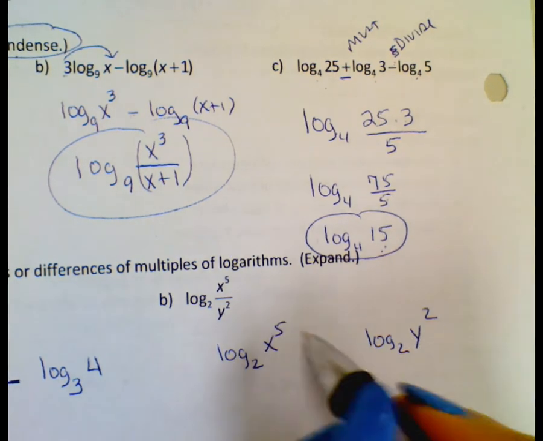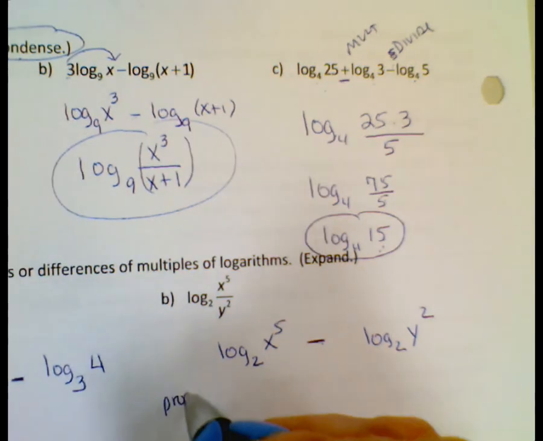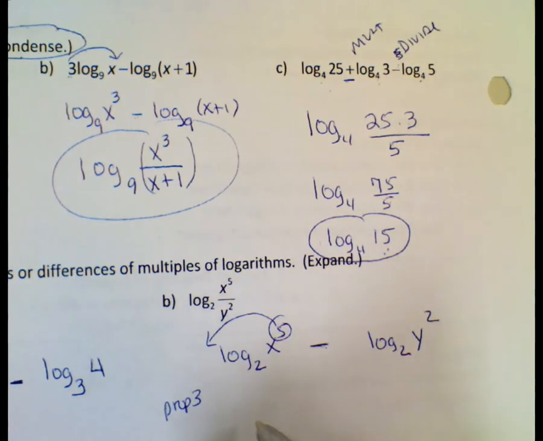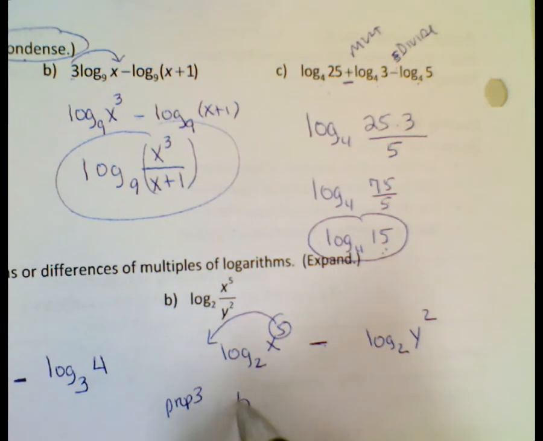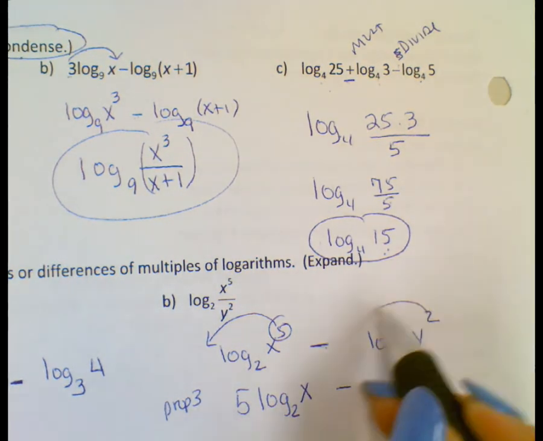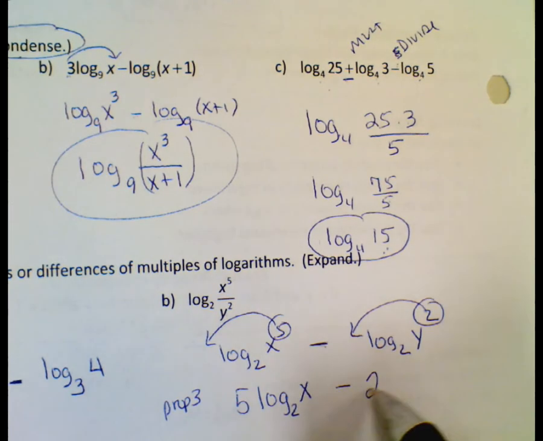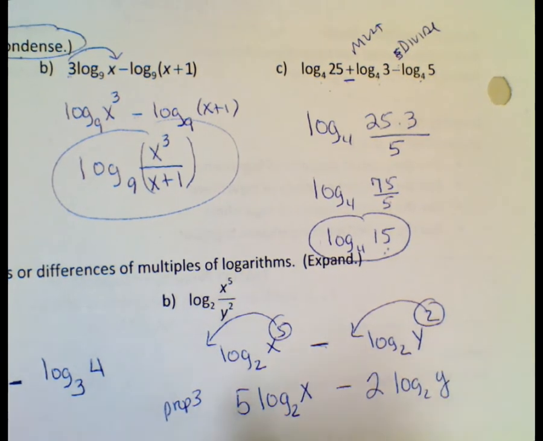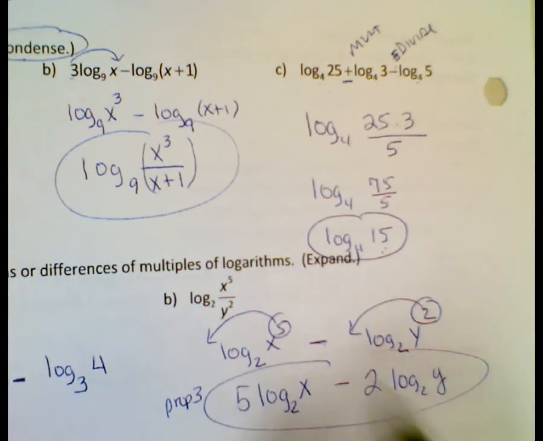So we use property 3, the property that says this 5 can go out front. So we write 5 log base 2 of x minus, and then bring the 2 out front, 2 times log base 2 of y. And that's expanded form, and that's your answer.